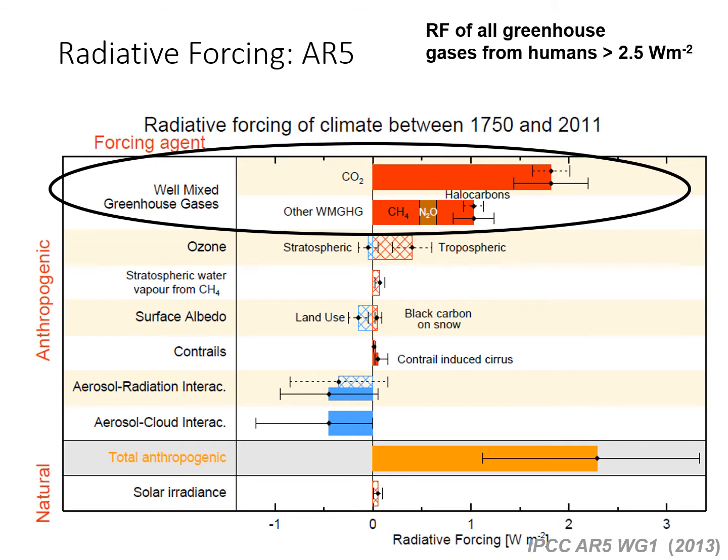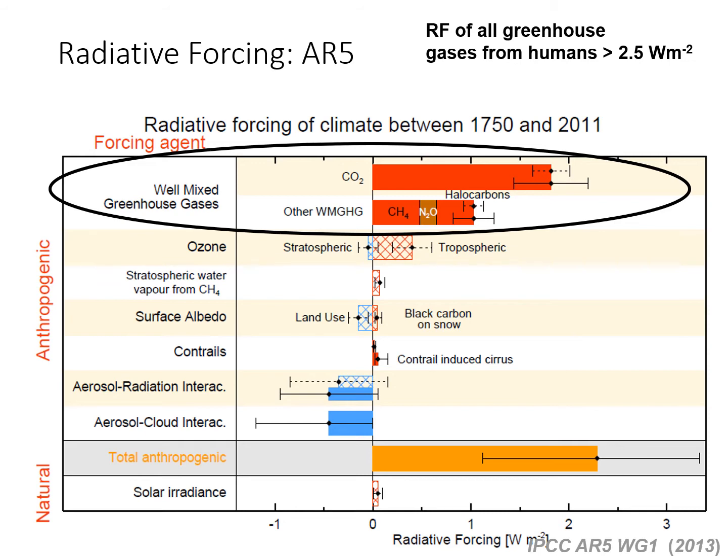In this plot, bars that are solid are enhanced radiative forcing, and hatched bars are radiative forcing, that means with no feedbacks. In 2013, the radiative forcing of all greenhouse gases was more than 2.5 watts per meter squared.